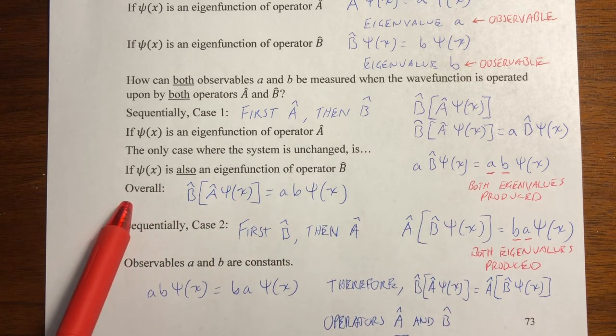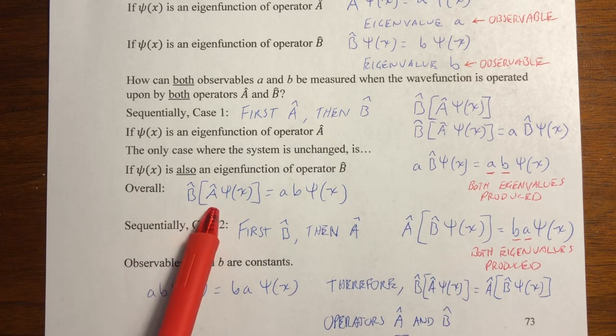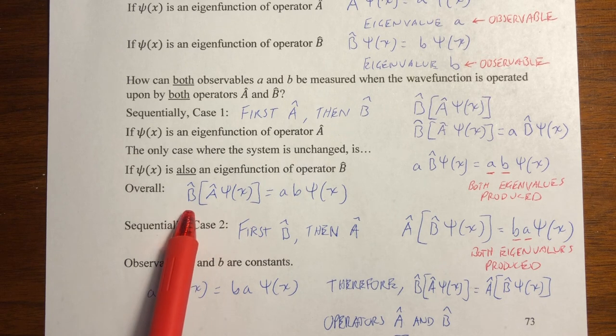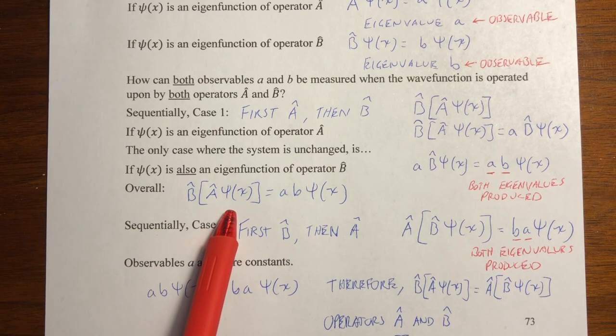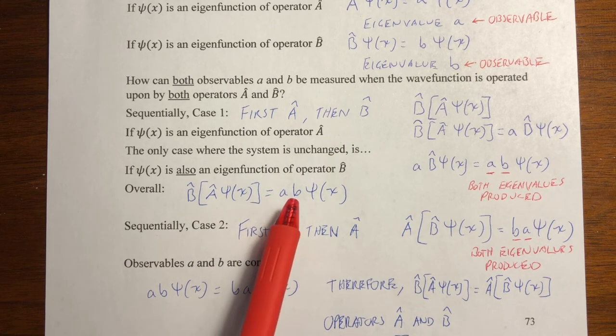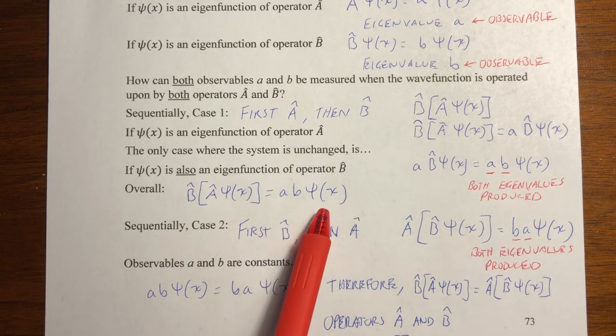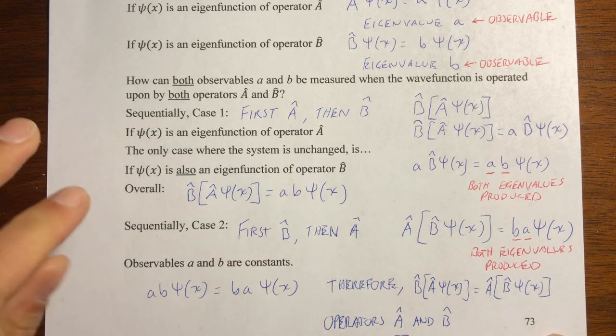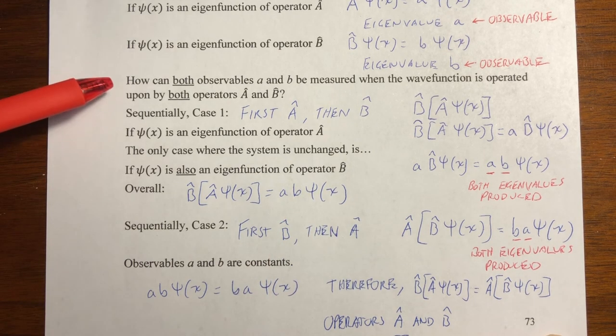So overall, we could write it like this. Operator B acting upon the product of operator A on psi of x produces eigenvalues a and b and gives back our eigenfunction psi of x. This is a situation where we can obtain both observables A and B simultaneously.